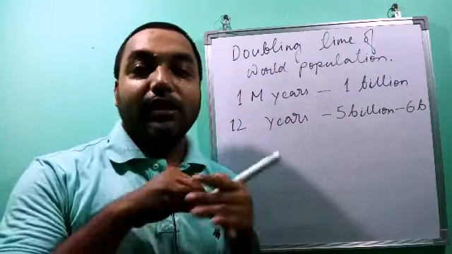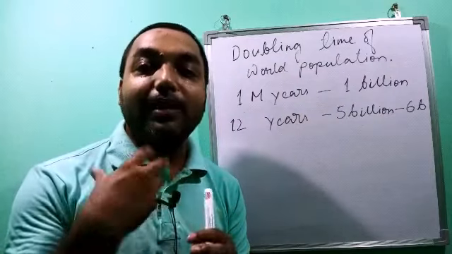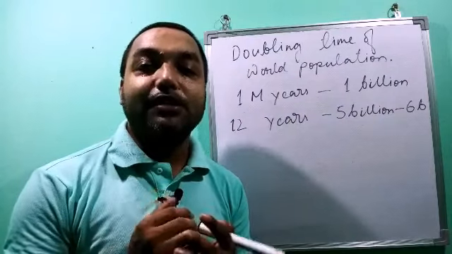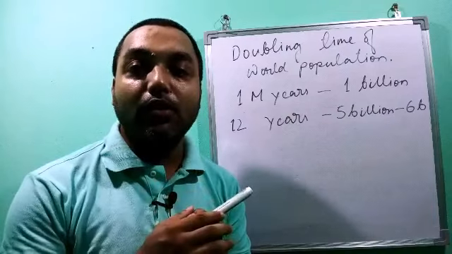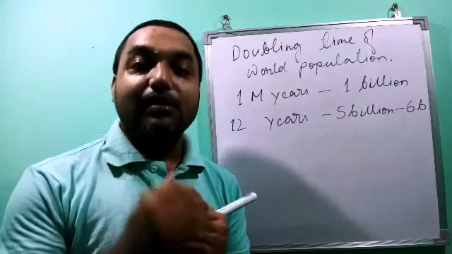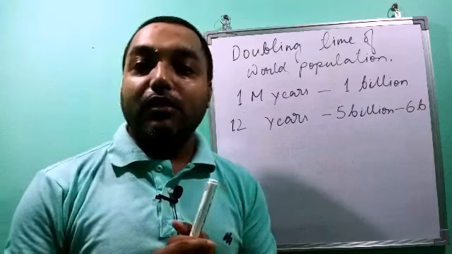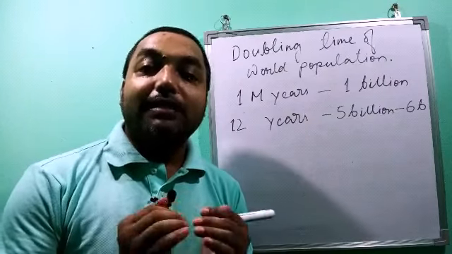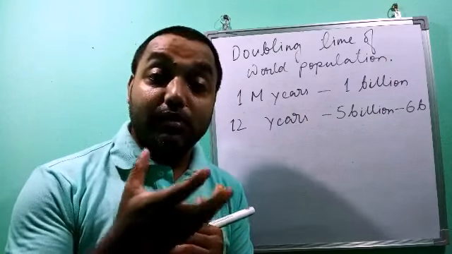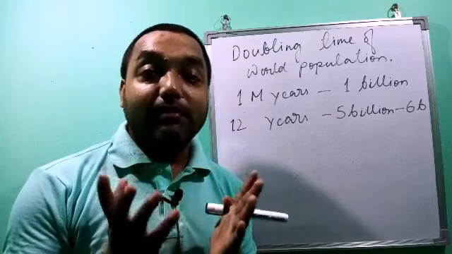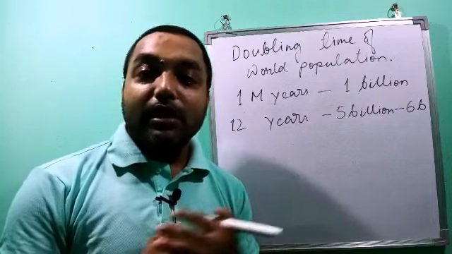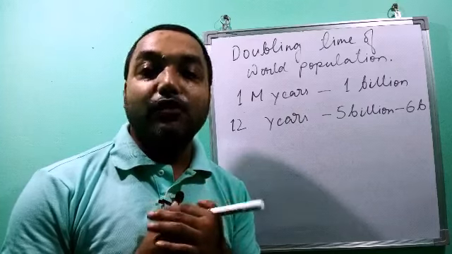Region wise, if you see the whole world, in the developing or underdeveloped countries, the population growth rate is more and the doubling time is less. But in developed countries, their doubling time is very long. Or even in some countries like Russia and some others, there is negative growth rate of population.